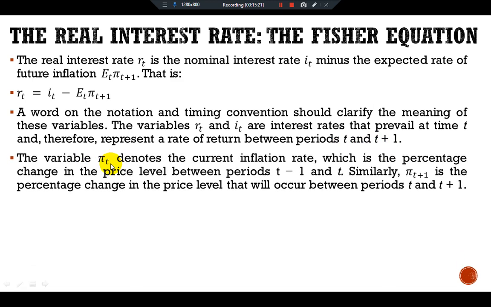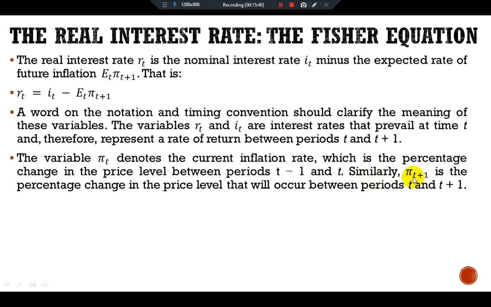Okay, the variable π_t denotes the current inflation rate, which is the percentage change in the price level between period t−1, last year, and t, the present period.